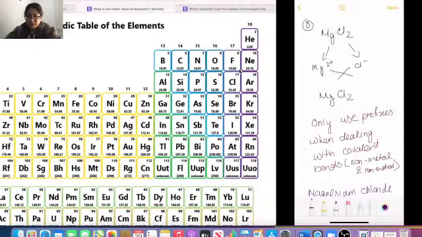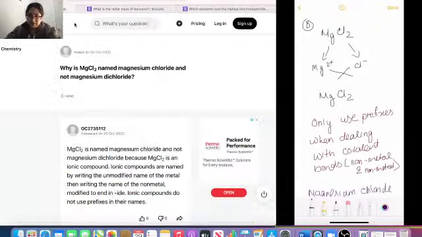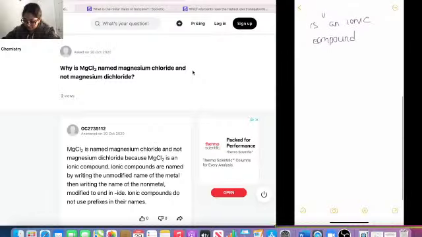You make ionic compounds from metals and non-metals, and you only use prefixes when dealing with covalent bonds.